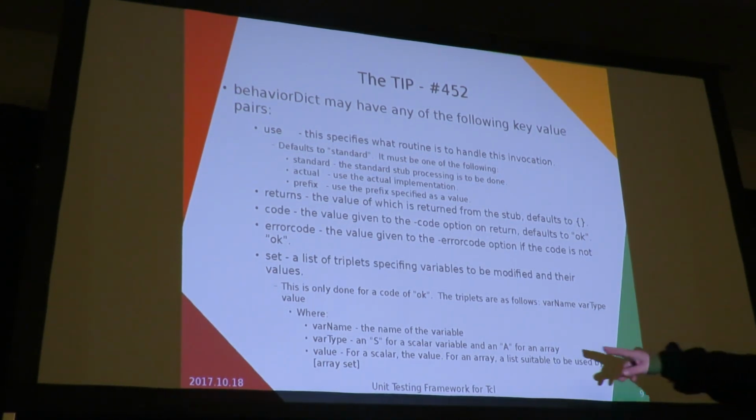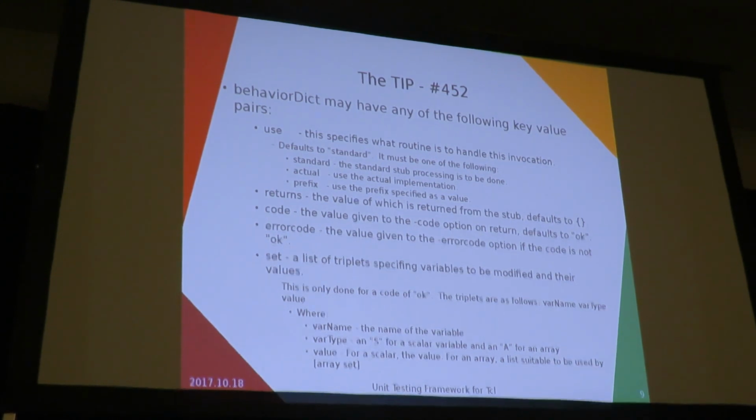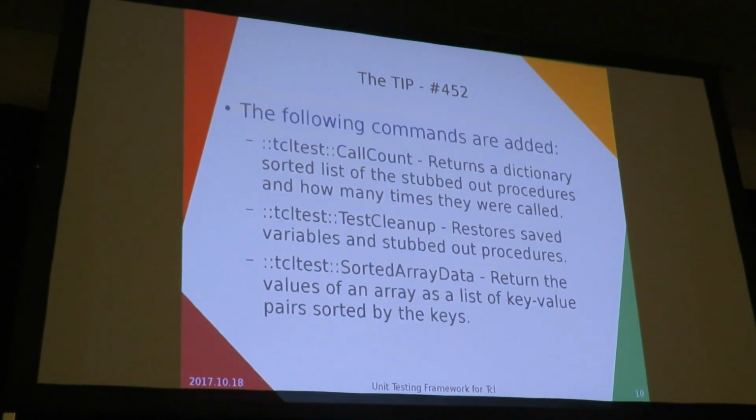If it's an array, it should be a list suitable to be used by array set. So basically you can simulate errors, you can simulate side effects, you can simulate returns. At the end, for the results, because tcltest takes the result, you get the result and you compare it.